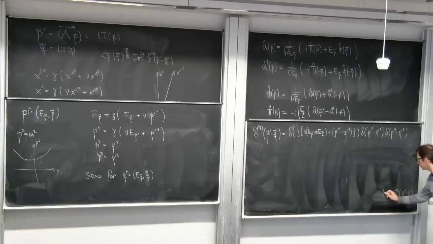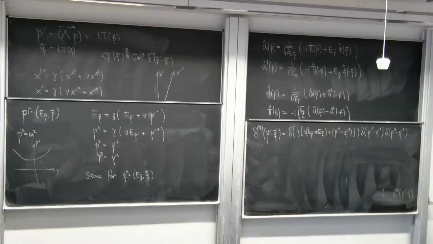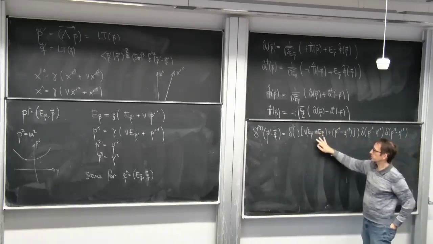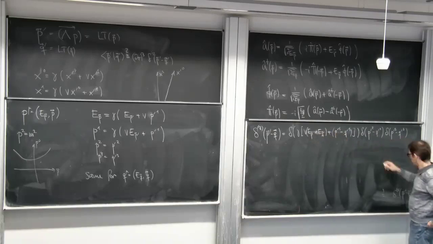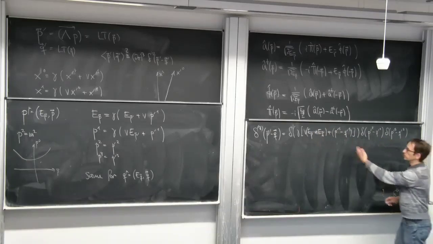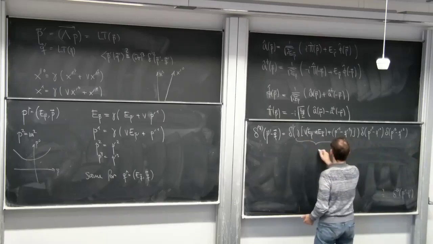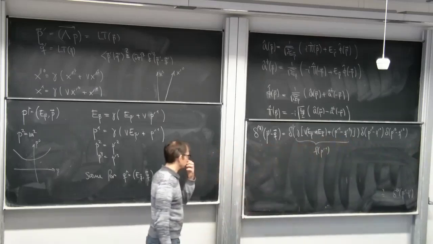But now we have a mess in the first delta function, and we should consider this thing as a function of P prime 1, and let's find out when this is 0.